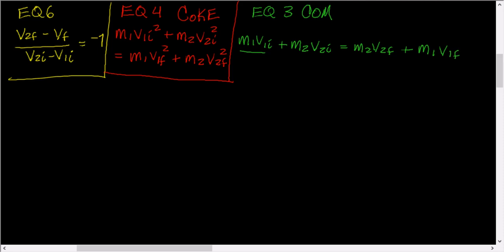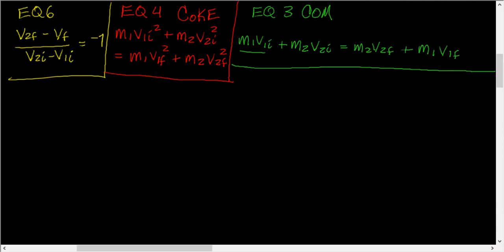So you might be asking yourself, what is the first step that you need to take to go from these two equations, which have velocity squareds and regular velocities, and also m1s and m2s? Well, a thought process you might make yourself in order to motivate the very first step is to notice that equation 6 actually does not depend on the mass at all.